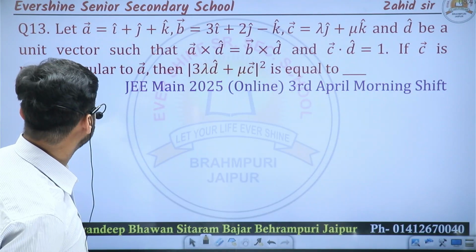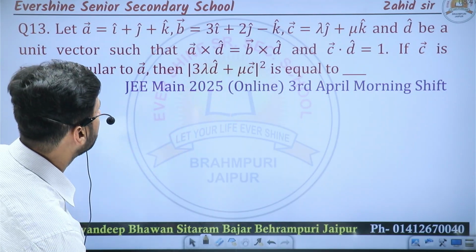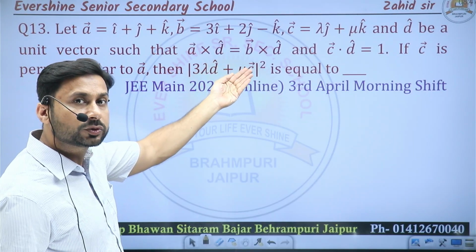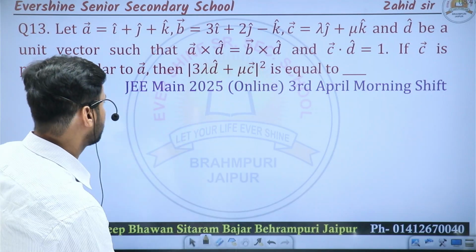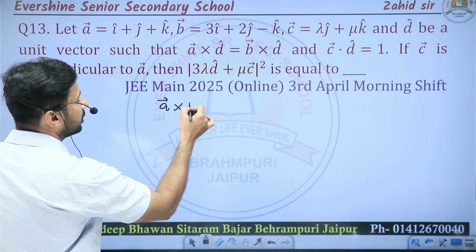If C is perpendicular to A, then we need to find this value. Now first, we are given A cross D cap is equal to B cross D cap. I can write this one, A cross D cap.